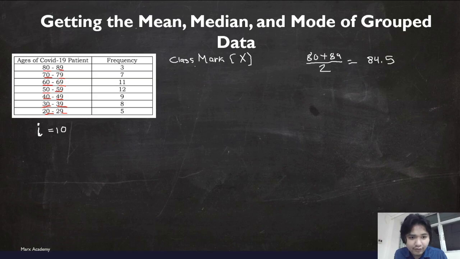This is our first class mark. Continuing, 70 plus 79 over 2 is equal to 74.5.